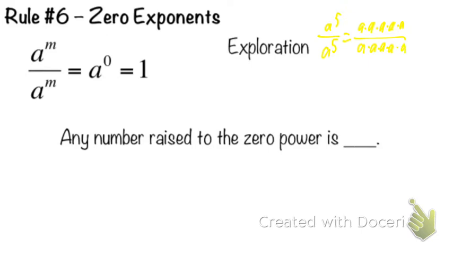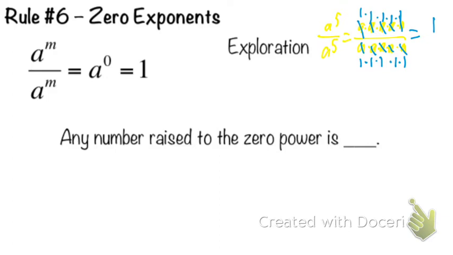Now what can we do with each of those a's like we did previously? Cross them out. Yeah, we can simplify them out, divide them out, and they each become a what? A 1, right? And we notice we can actually do that 5 times. So what do we end up getting on the top? 1. What do we end up getting on the bottom? 1. Is that just 1 over 1 though? Yeah.